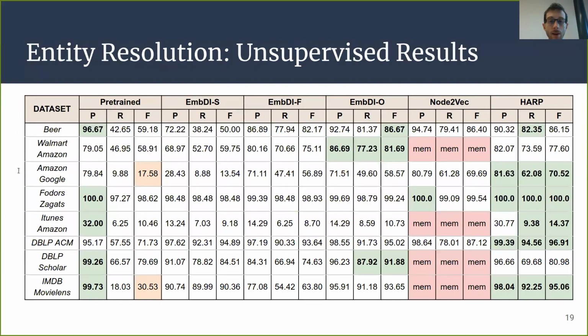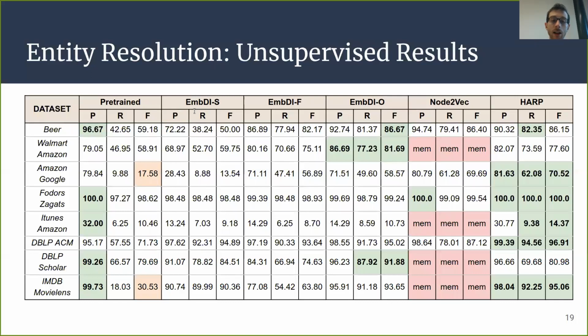For the entity resolution situation, we test both supervised and unsupervised cases. The first slide will report the unsupervised results, where you can see that MD can compete with the state-of-the-art graph embeddings algorithms, and perform much better than pre-trained embeddings on the same task.